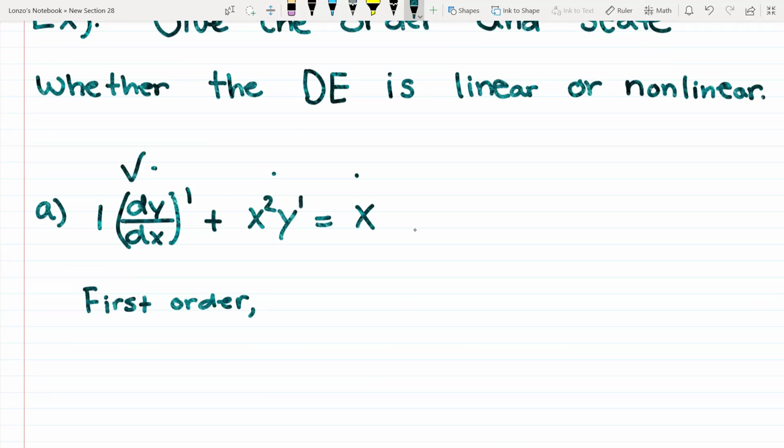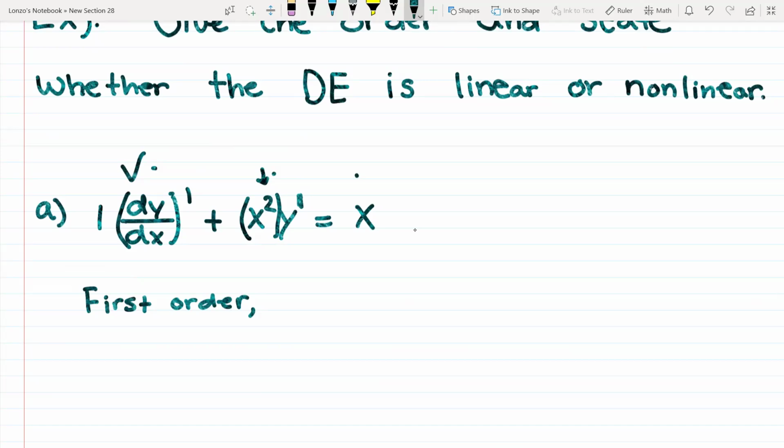Next, y. This y has a power of 1. The coefficient is x squared, right? Now, you're probably wondering why this is a power of 2. It doesn't really matter, as long as the y is to the power of 1 and the coefficient x is not a letter of y.